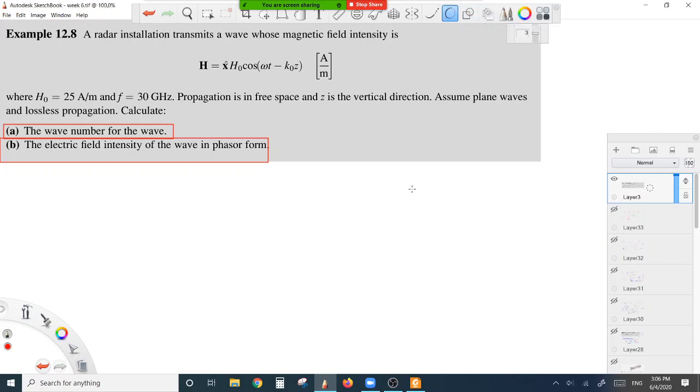Now let's start by computing the wave number. The free space wave number is calculated from the intrinsic impedance of free space, which is known.